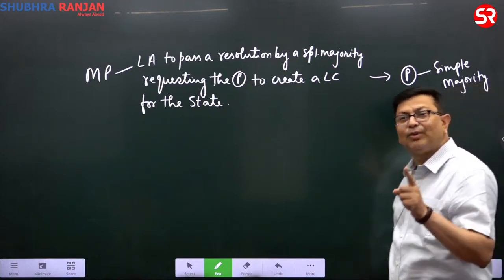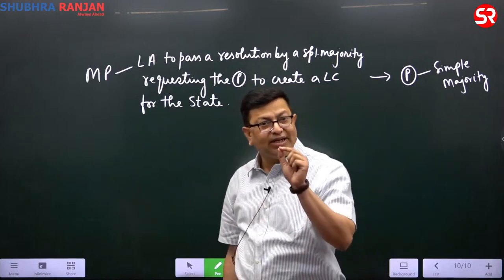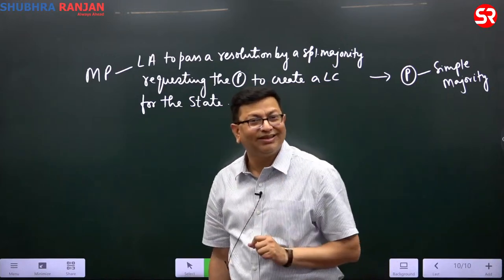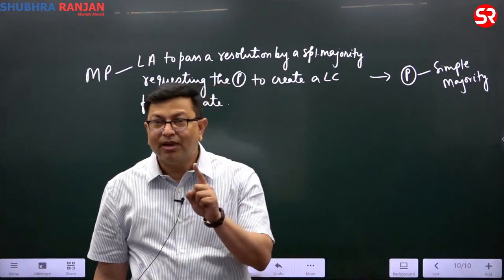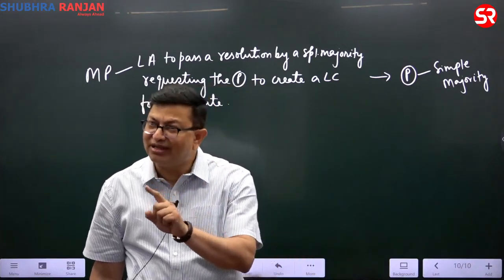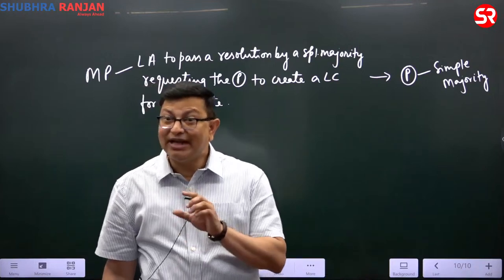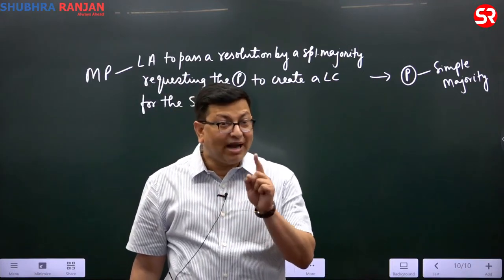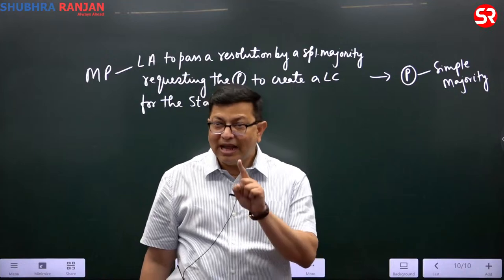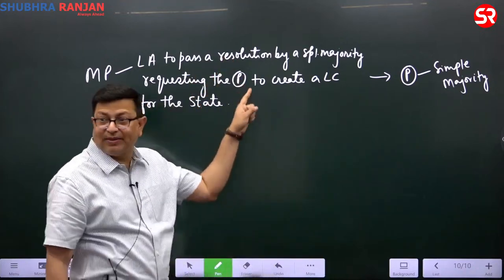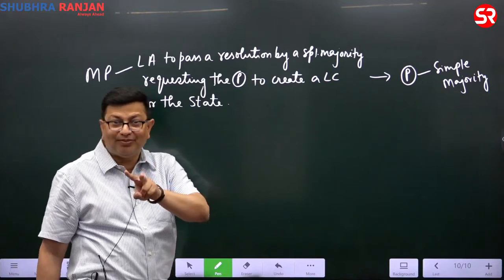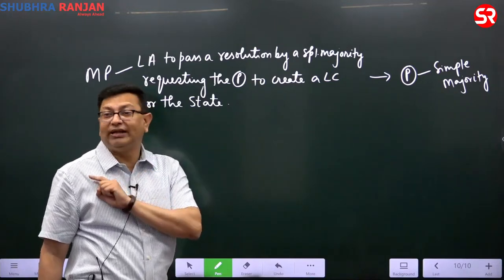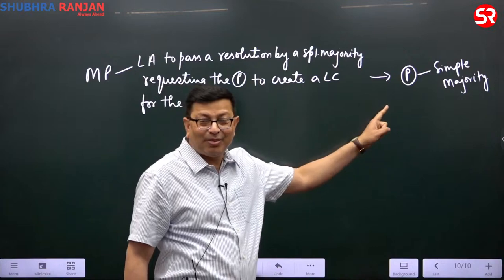The same is the process for the abolition of the legislative council. The initiative has to be from the legislative assembly of the concerned state, but that request by the legislative assembly has to be passed by this special majority. That is, the two conditions have to be fulfilled, but the final authority is the parliament.